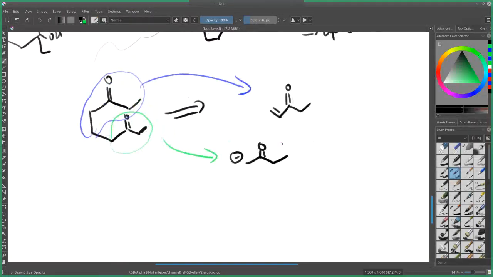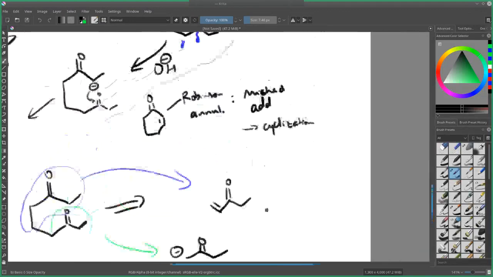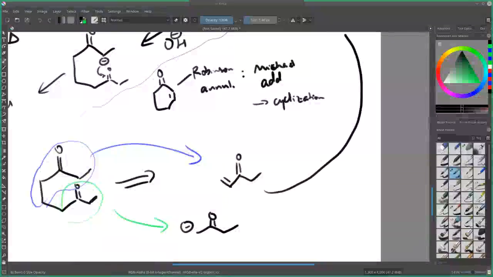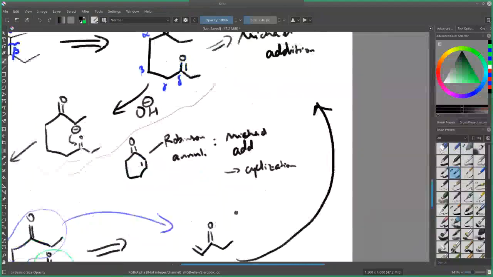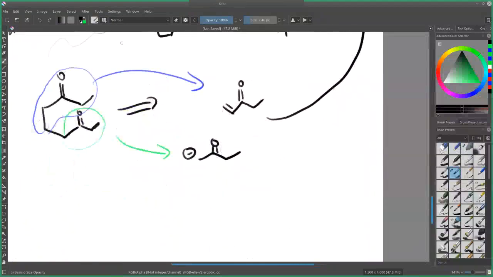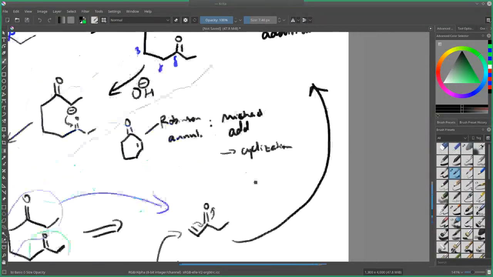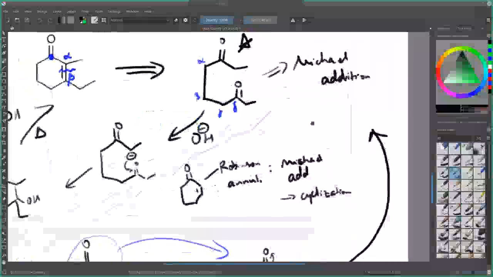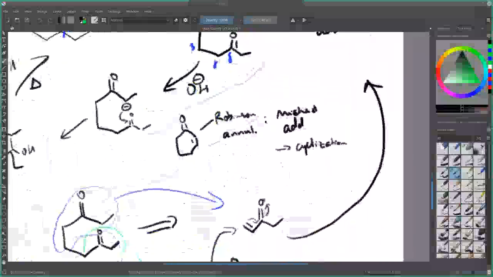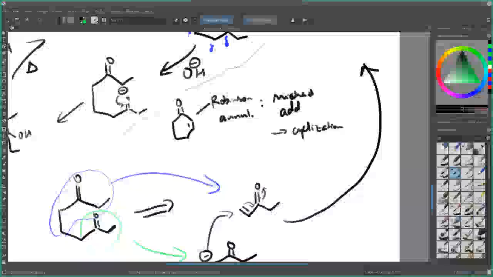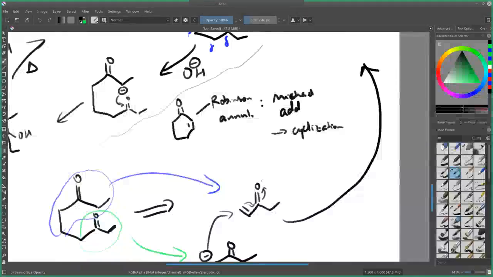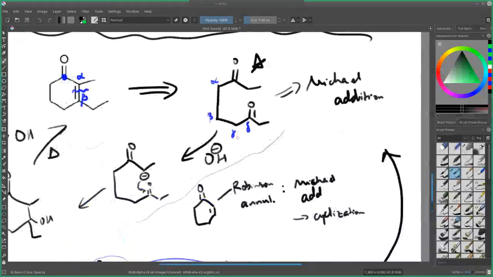Then to go forward, this enolate will react here, do a Michael addition, and from there you wind up doing a keto-enol tautomerization to change the enol that forms into a ketone. And there you go.